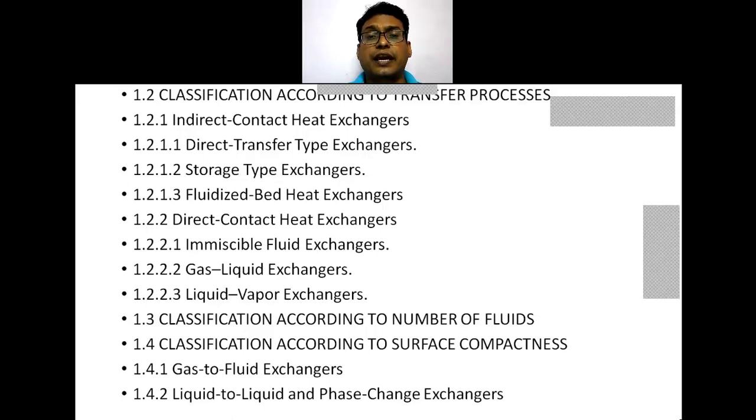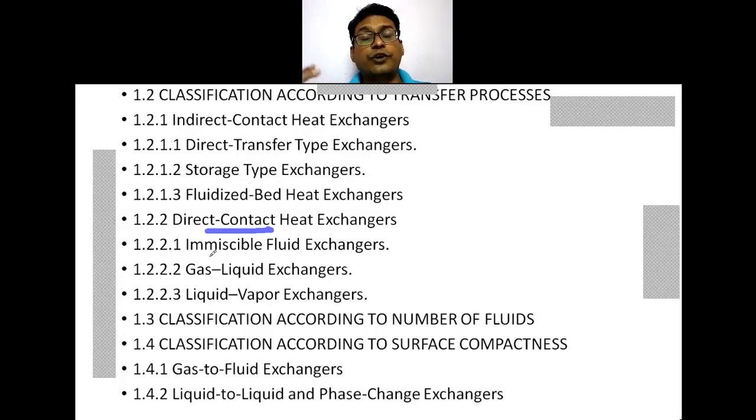For example, in the case of our reaction vessels, the fluids are directly mixed into one another, that is one fluid is at a different temperature, another fluid is at a second temperature. So the two fluids will directly mix with each other and exchange the heat and will maintain a certain uniform temperature, or a certain intermediate temperature between the two fluids.